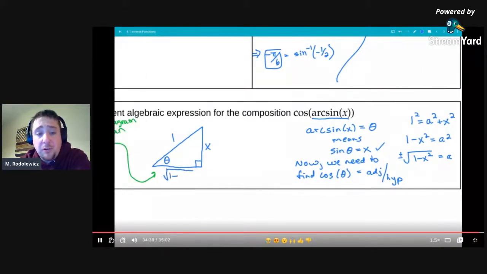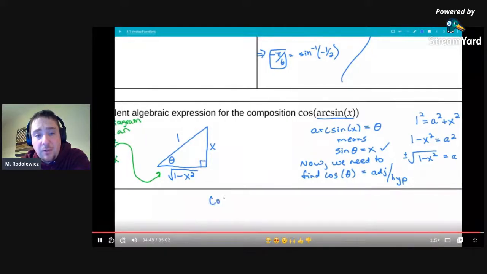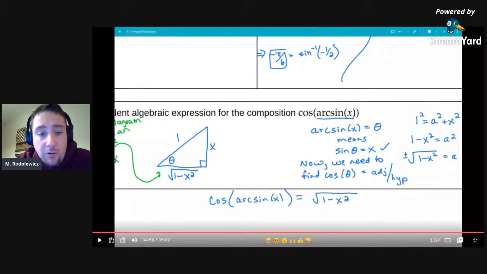But in a triangle, you can't have a negative side length, so I just take the positive value, and the cosine of that angle is the square root of 1 minus x squared over 1, which simplifies to the square root of 1 minus x squared.